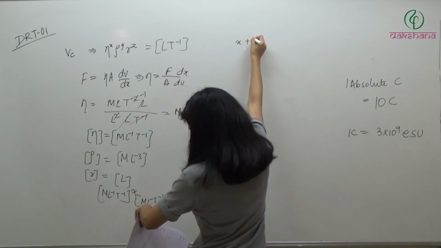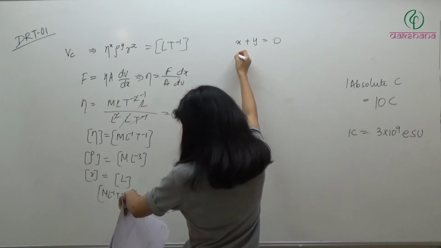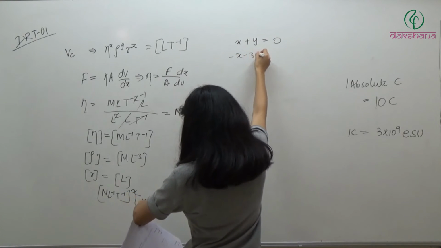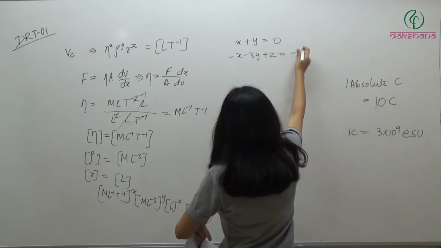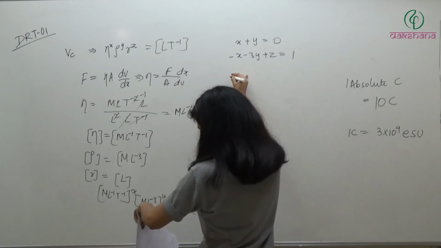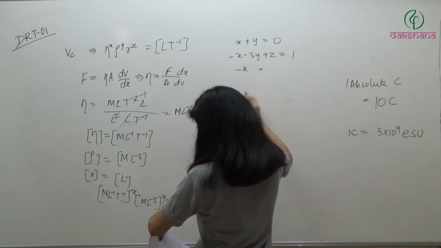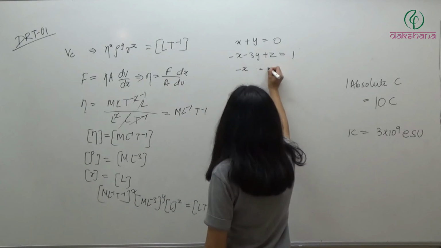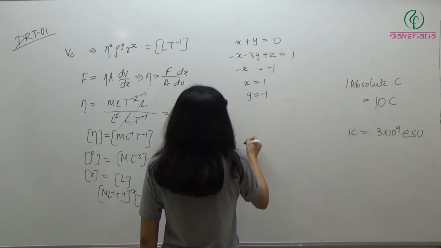x plus y is equal to 0, minus x minus 3y plus z is equal to 1, and minus x is equal to minus 1. So x is equal to 1, y is equal to minus 1.